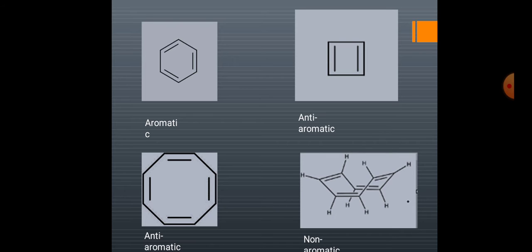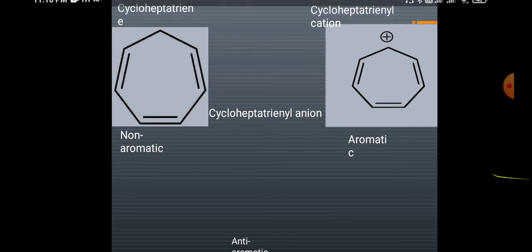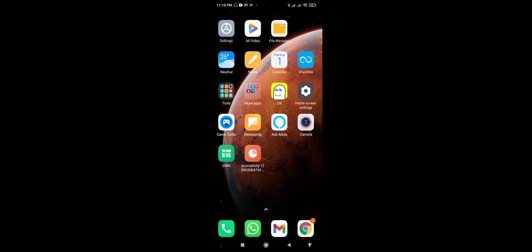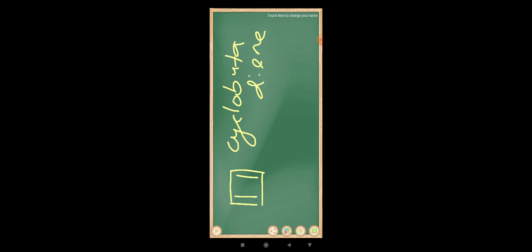What do you mean by anti-aromatic? Let me take an example to illustrate it. If you take this compound, this is cyclobutadiene.